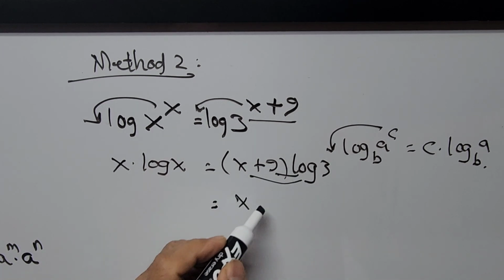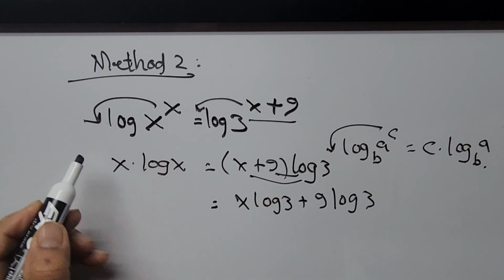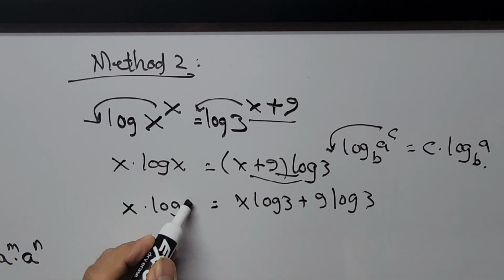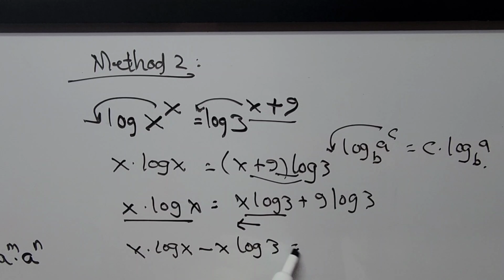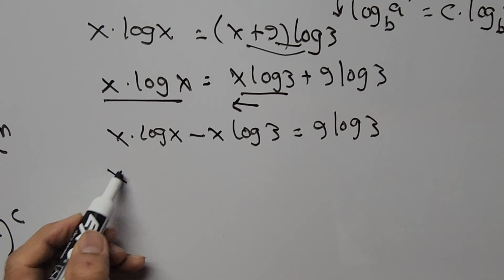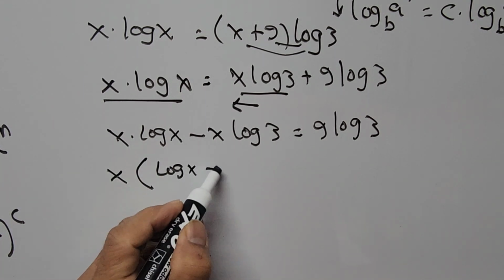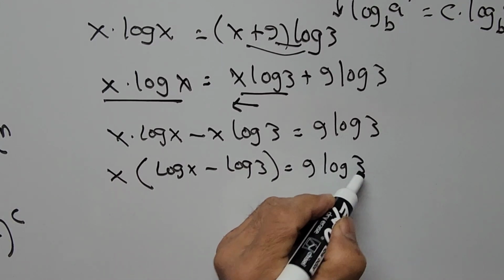Now, on the right-hand side, distribute log of 3. So we have x times log of 3 plus 9 log of 3. The left-hand side remains the same. Now we have the variable here, so combine them all together, taking this to the left-hand side. So we have x times log of x minus x log of 3 equals 9 log of 3. Here x is common, so factor that out. So x times the quantity log of x minus log of 3 is equal to 9 log of 3.